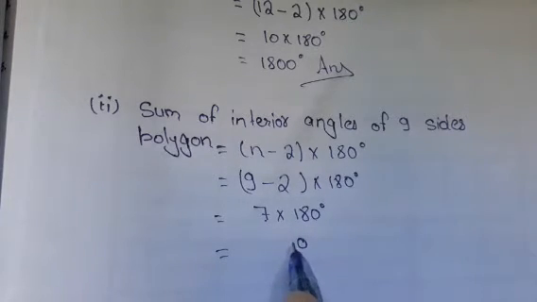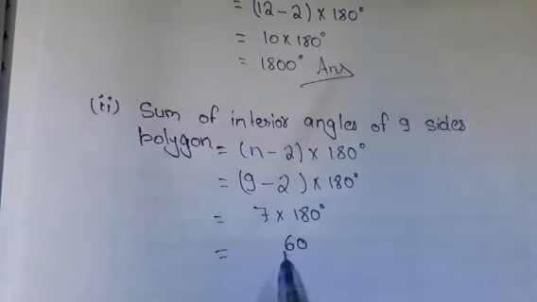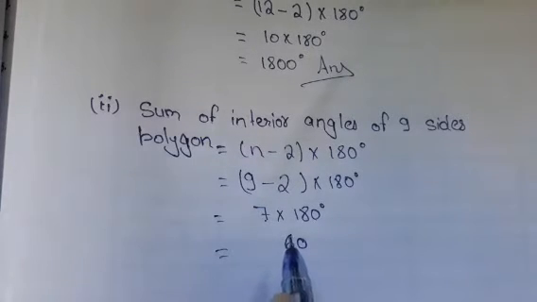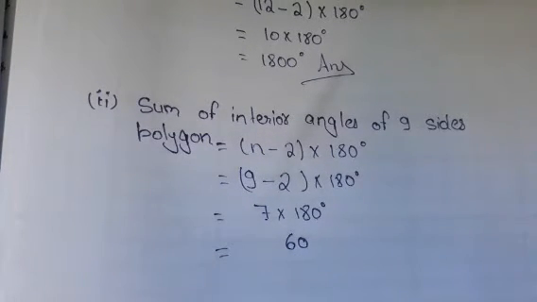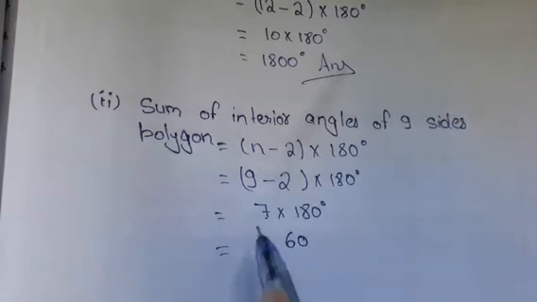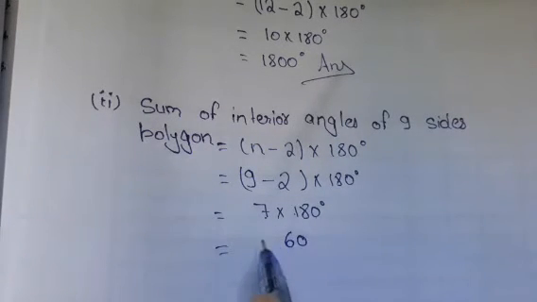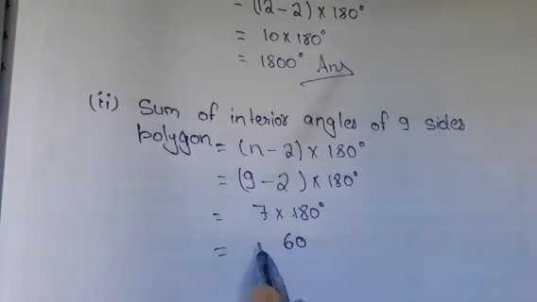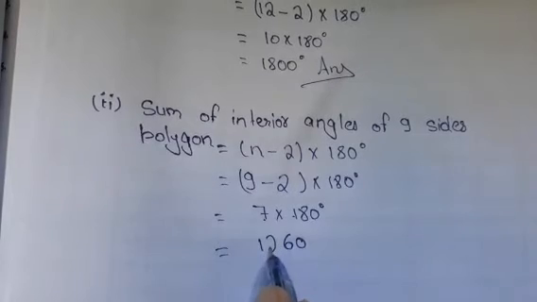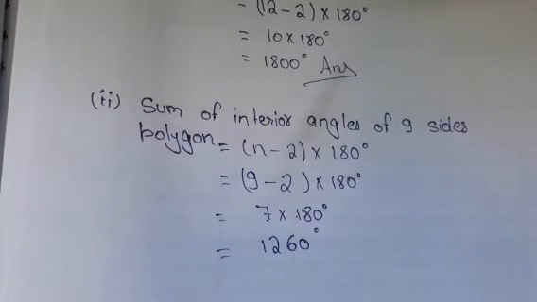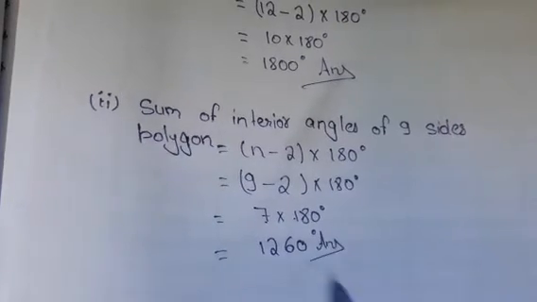It gives 56, and we write only the ones place, and the tens place is taken, and again multiply by 7, which is 7, and the carried 5 is added to this, which gives 1260 degrees. This is the answer.